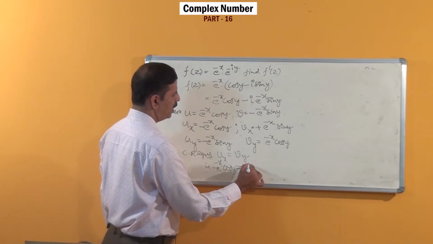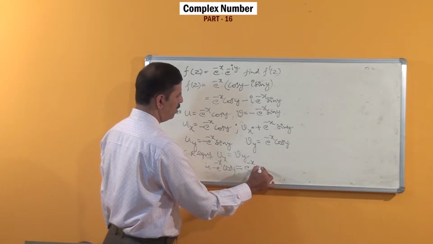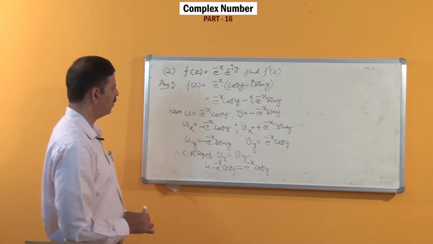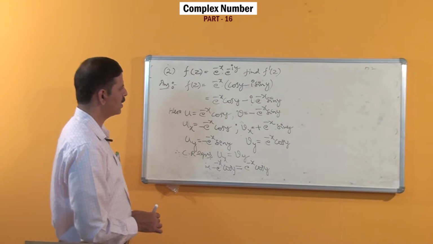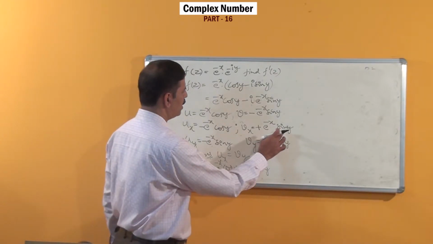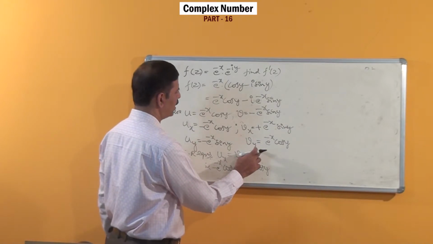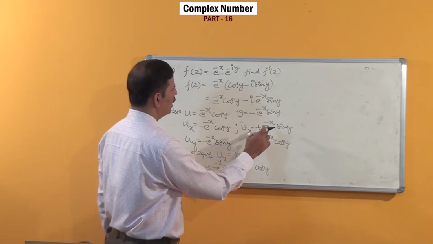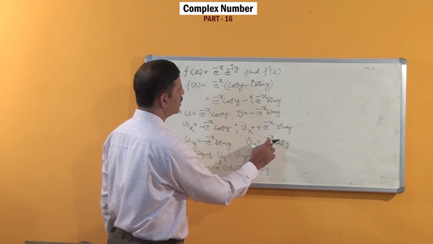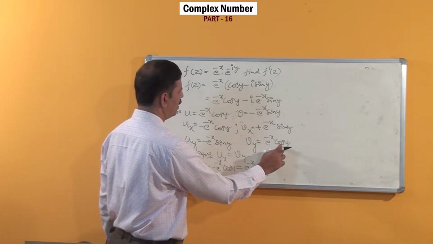What is it? e power minus x into cos y. Check that once again: ux, minus x. For vy, the derivative of sin y with respect to y is cos y.